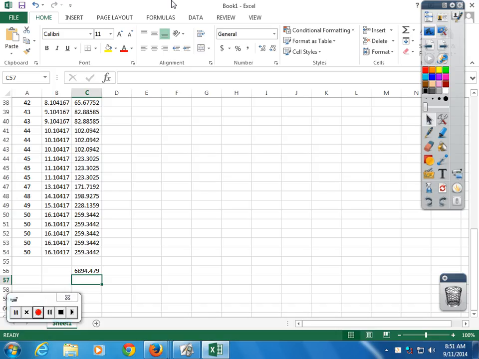Now, who has a question? S is equal to standard deviation. S squared is the variance. And when you calculate that number out, go up here.